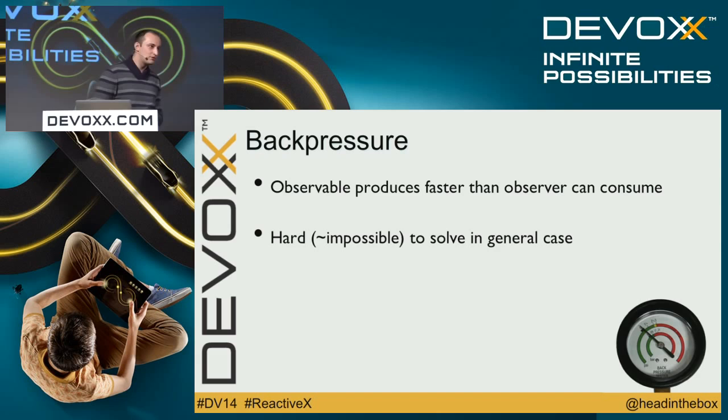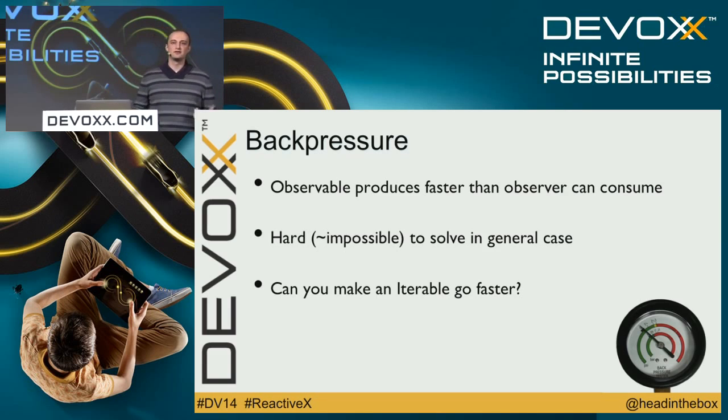And this is actually a problem that I personally think is really hard to solve. I don't have a formal proof of this, but I think in the general case, it's actually impossible to solve. Because if you really think about it, asking an observable to slow down is basically the dual question of asking an iterable to go faster, right? I mean, with an iterable, you can optimize the operations that you do in this blocking iterable, but at some point you have reached the limit, right?